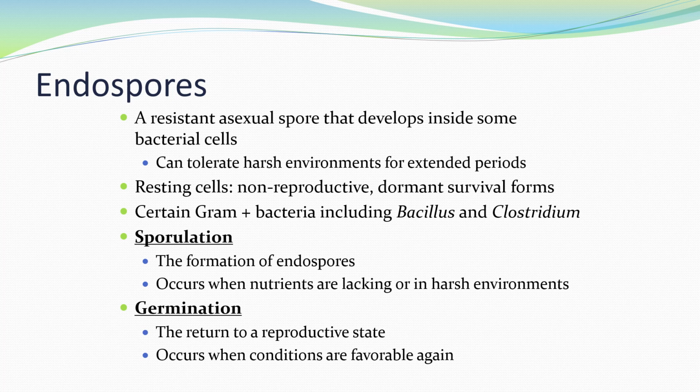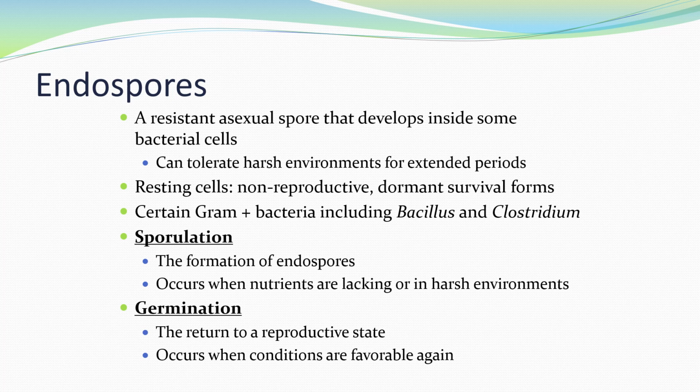When we were talking about it in chapter 1 in relation to Ferdinand Cohn discovering them in the 1870s, these can be produced from bacteria in tough environments, or if the environment changes to where the bacteria is potentially going to die, it may produce a spore if it's able to. And a spore is kind of like an egg, but not really an egg. We'll talk about it. So in relation to endospores, the production of an endospore is called sporulation.